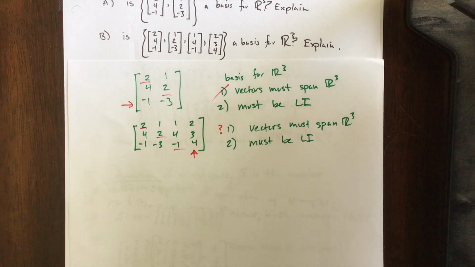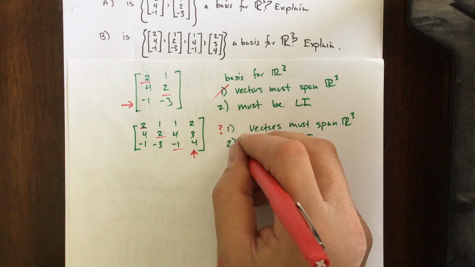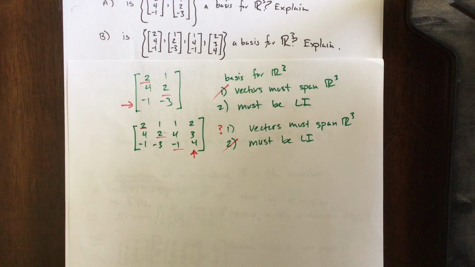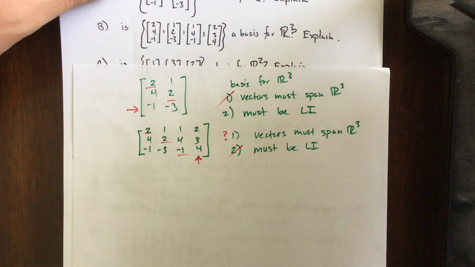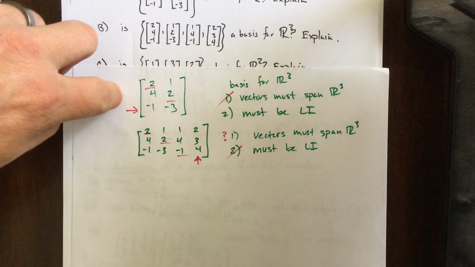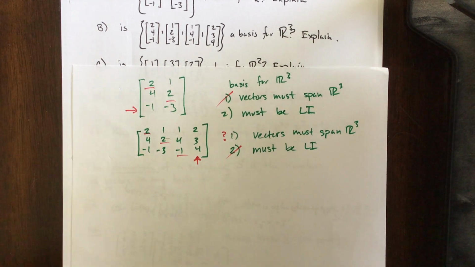And if it doesn't have a pivot, these vectors are going to be linearly dependent. So this list is too long. There are too many vectors in this list for this set of vectors to be linearly independent. So part A, there's not enough vectors. Part B, there's too many vectors.